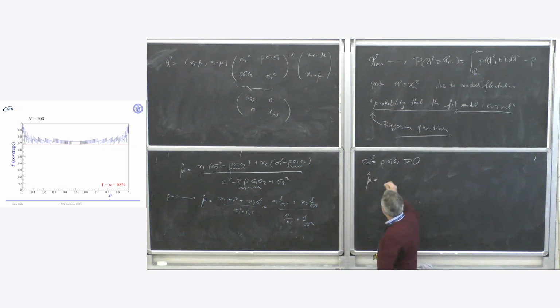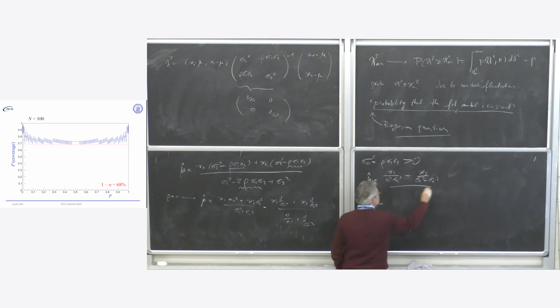So this is x1 divided by sigma 1 squared minus sigma c squared plus x2 divided by sigma 2 squared minus sigma c squared, and below we get 1 over sigma 1 squared minus sigma c squared plus 1 over sigma 2 squared minus sigma c squared.